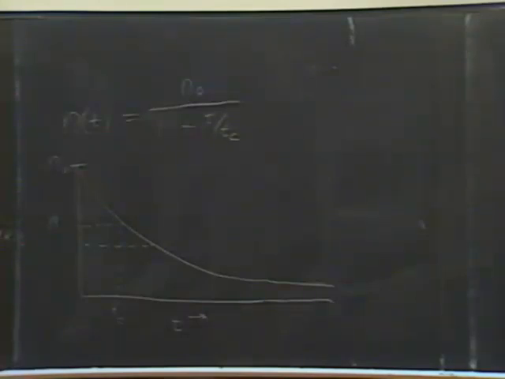I'm not sure what t sub c is. t sub c is the average time between collisions of particles. t is the time you're interested in? t is the time after some point. You know, you have a starting point where there's so many particles in suspension. Let's say we start out with a dispersed suspension, and we add to it some aluminum ions, and then we let it stand there.